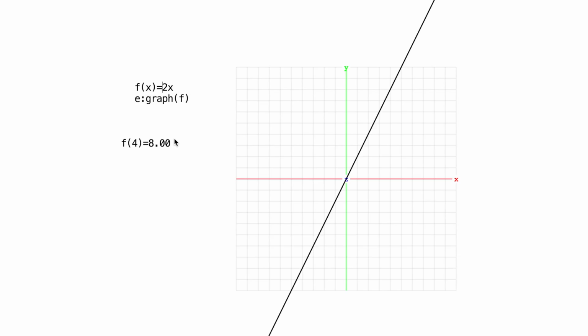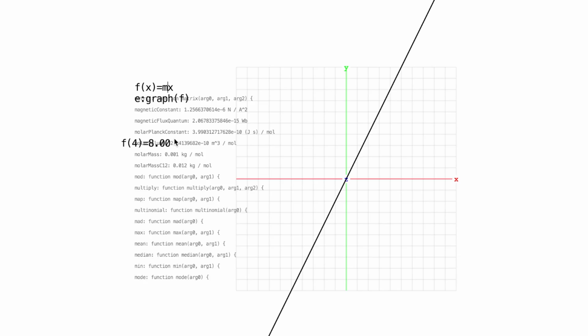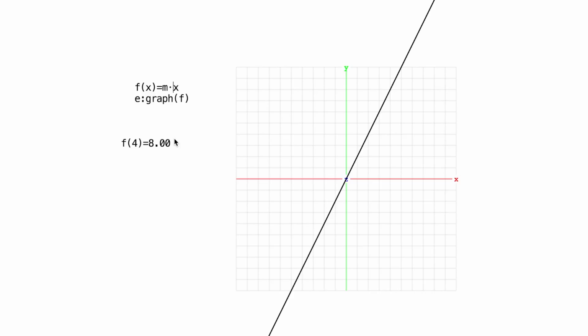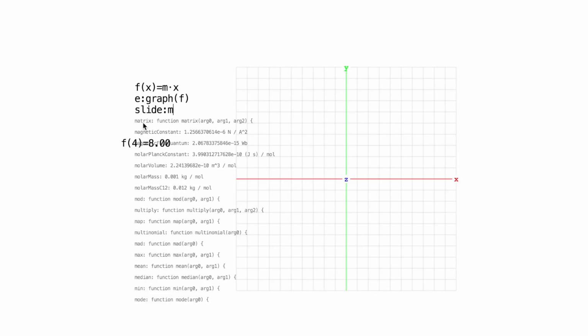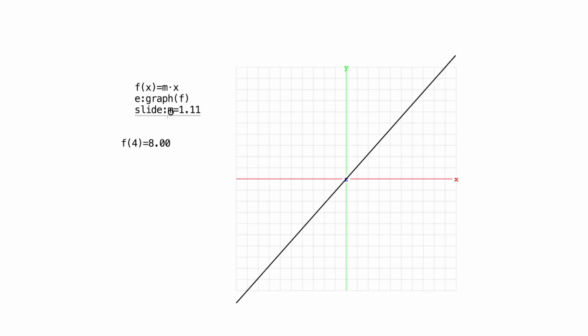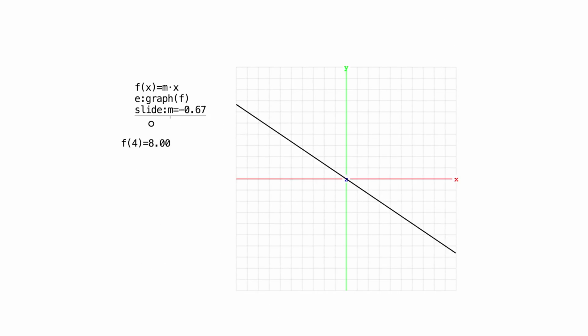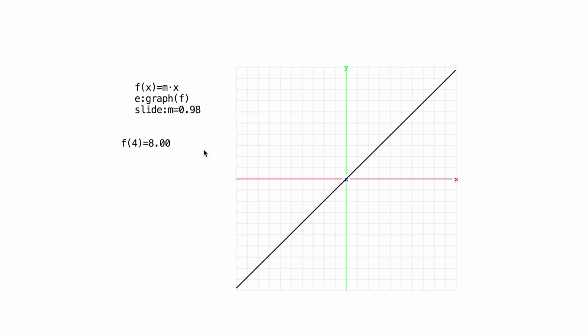So let's make our function general and just say that f of x equals m times x, and we'll get ourselves an m. And so now we can change the slope of our function, right? And we're going to say, let's make an a, right? This is what x is getting close to. Let's say it's 3.